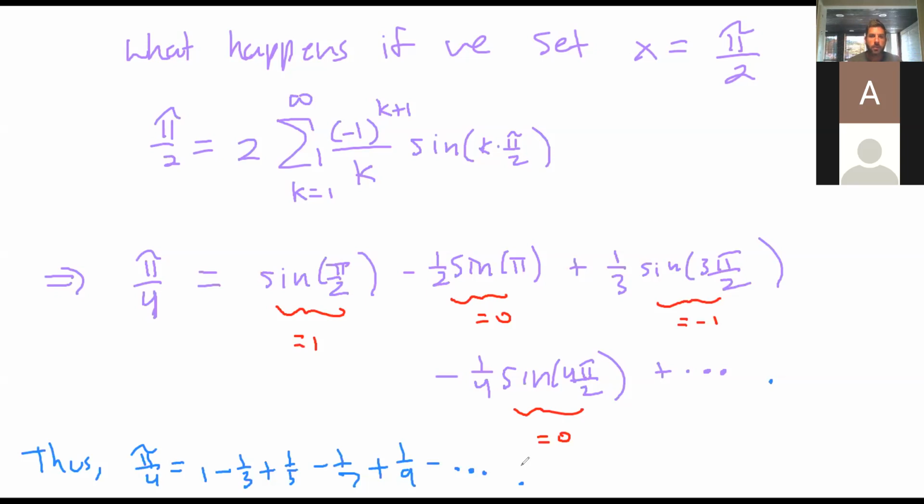And so that means that we can get an equation between a function and a particular series. And then what this tells us is if we creatively choose a value to plug into this series, we can get an exact numerical value for the sum. So we just found a series representation of pi over 4.